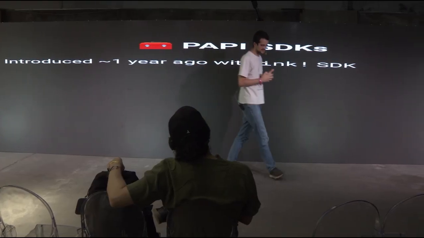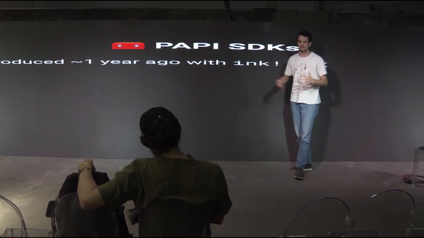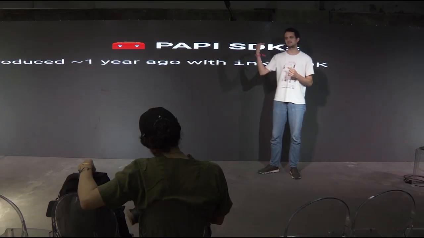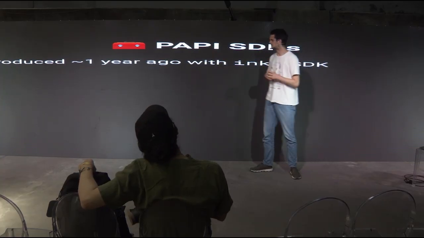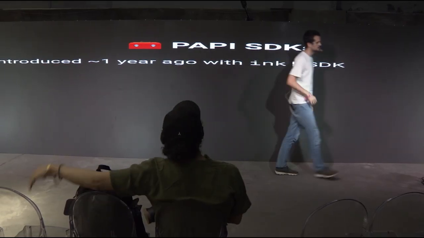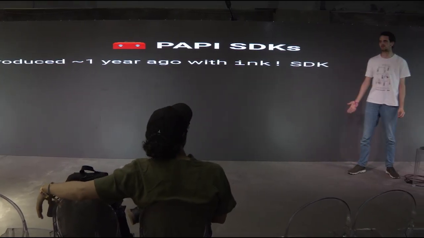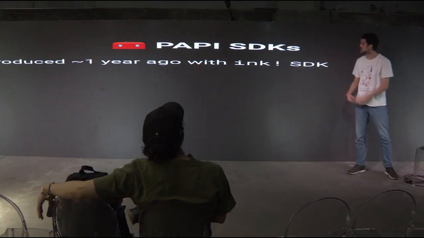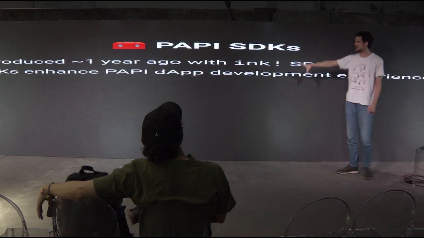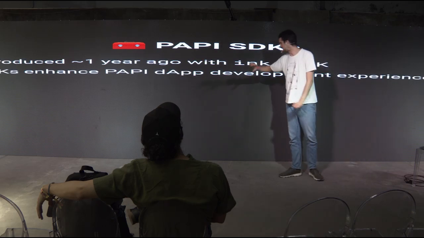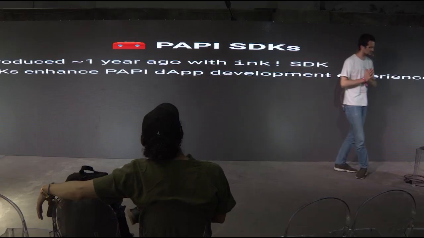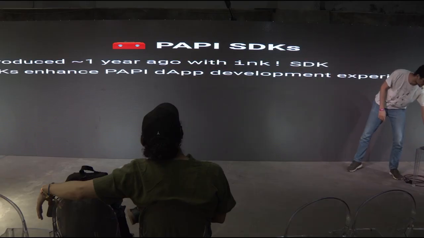Interacting with Ink clients using the regular Polkadot API client was a bit rough. And you needed to make a lot of steps, as we will see in the code comparison a bit afterwards. And we wanted to simplify that structure and make sure that everyone that wanted to create dApps that interact with contracts could do that. The idea is that the SDK needs to enhance the dApp development experience. That's the whole idea of it. Simplifying and abstracting away certain common interactions.